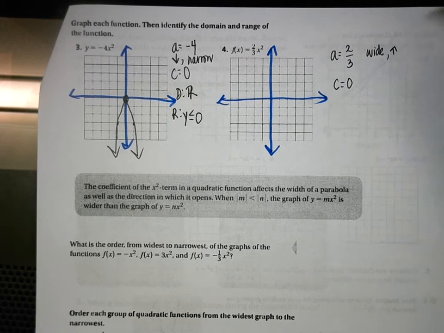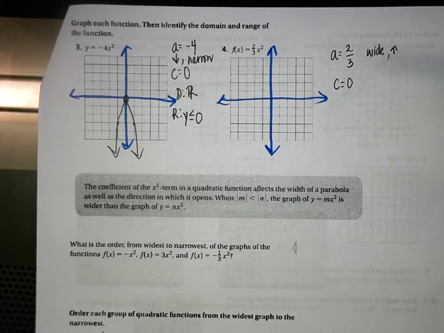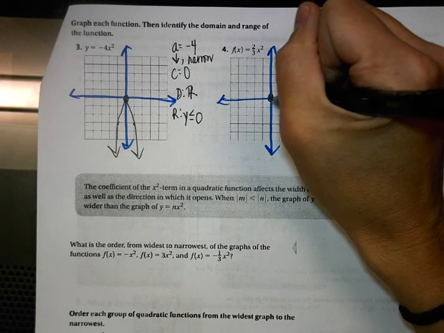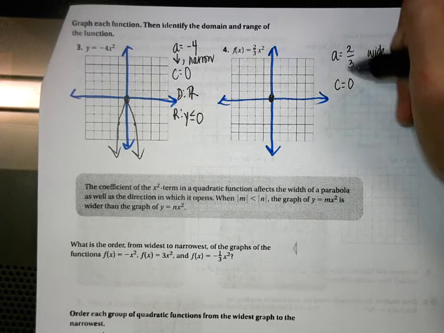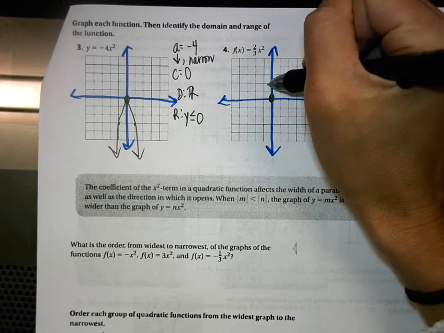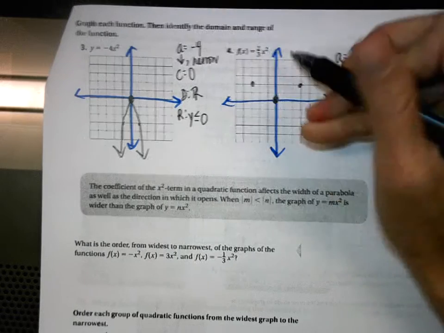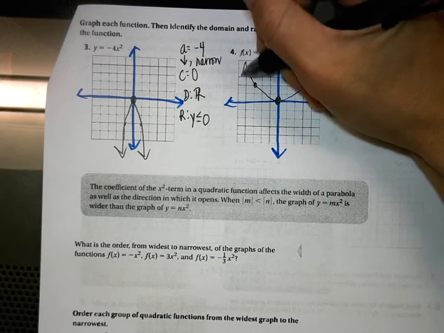Okay, since my C value is 0, where is my vertex going to be here? 0. So if you were to go, again, think of this as like your slope, up to right 1, 2, 3. See how that's making it a little bit wider? So if you always think of it that way, it kind of helps you draw your width as well.